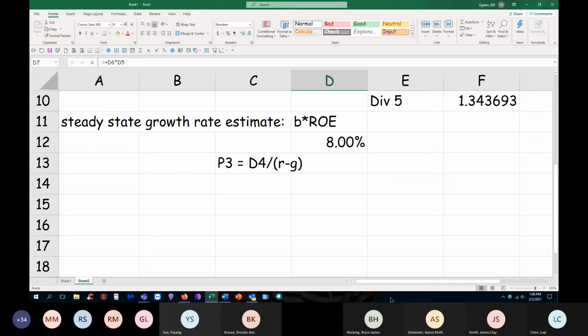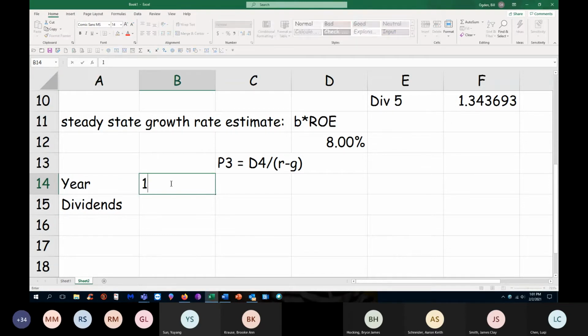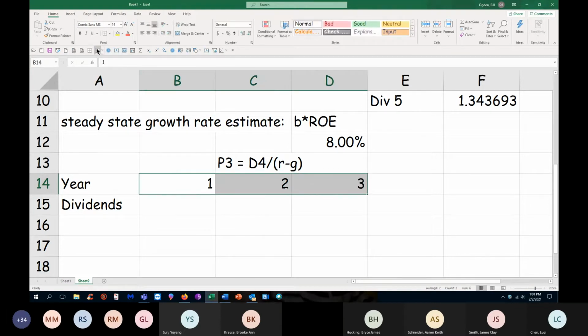And so let's set up our cash flows. So we have our dividends. Let's start out with our year. Okay. So we'll have years 1, 2, and 3. All right. And so we'll just take these dividends right from above.